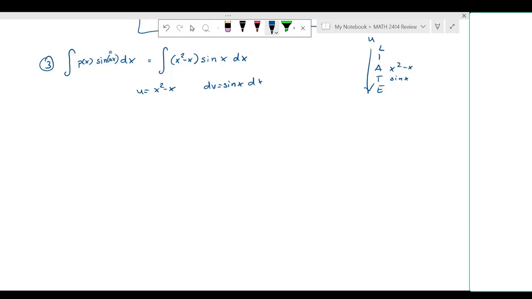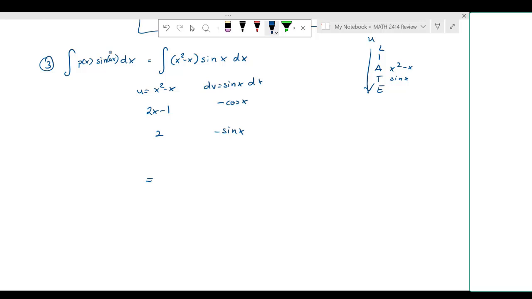And you know what? I'm just going to use the tabular method really quick. So that would be minus cosine x, minus sine x. Just so that you can practice this one. It's exactly the same idea as the previous problem.